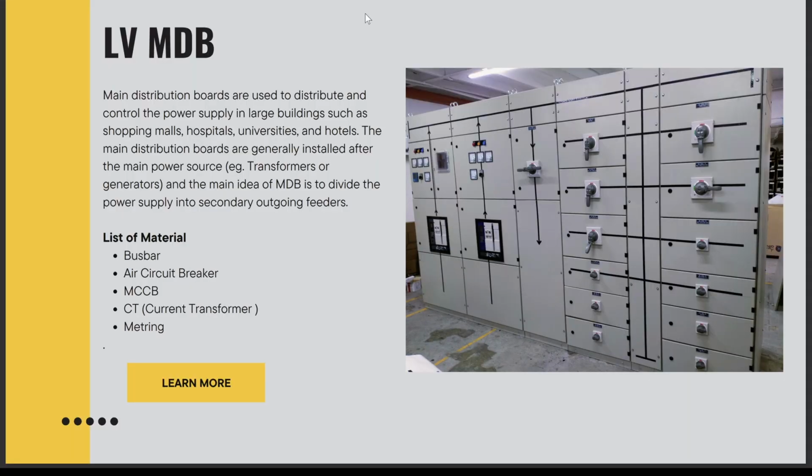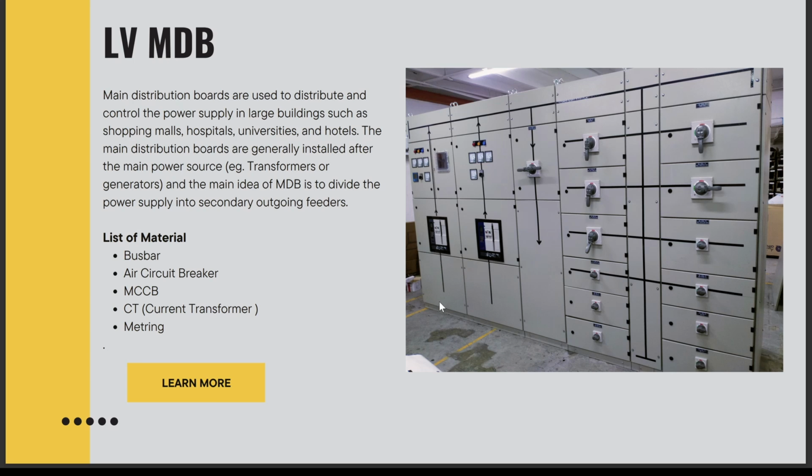Now we will discuss the LVMDB panel. This is called the main distribution board, used to distribute and control the power supply in large buildings such as shopping malls, hospitals, universities, and hotels. This is the main ACB, air circuit breaker. This is a generator circuit breaker.